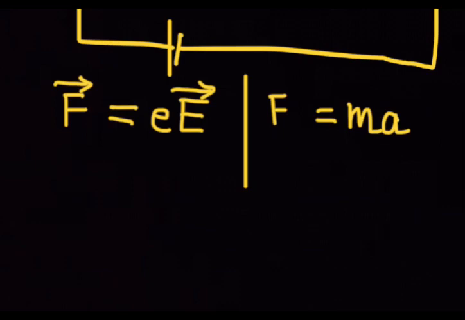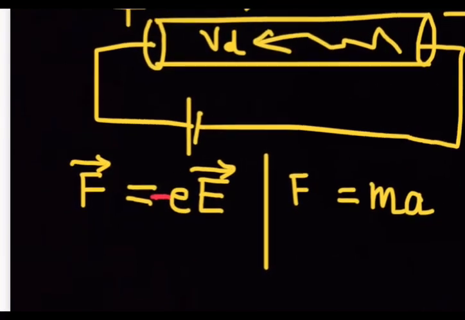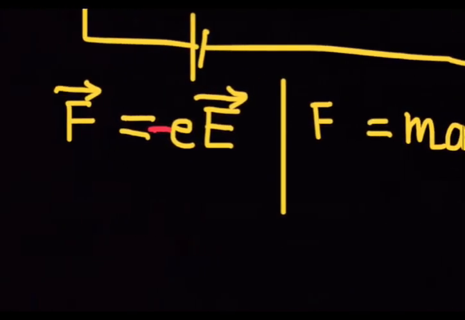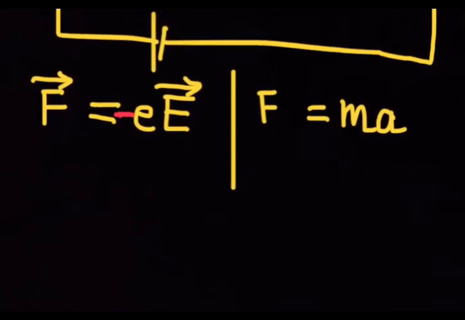So hence you can say that these forces are equal. Before that, the charge on the electron is minus e. The force is opposite to the electric field, therefore let's put the minus sign.